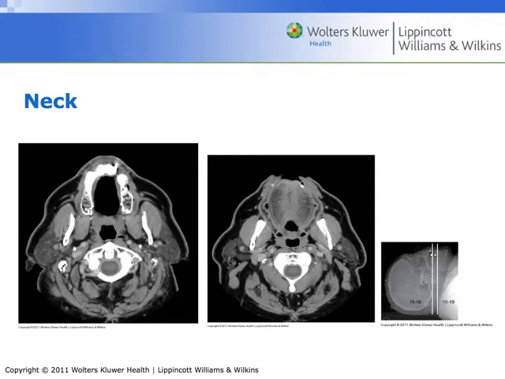Looking at more muscles back here, going in this direction and in this direction, we have the splenius capitis muscle. And finally, medial to the mandibular ramus, we see the pterygoid muscle.